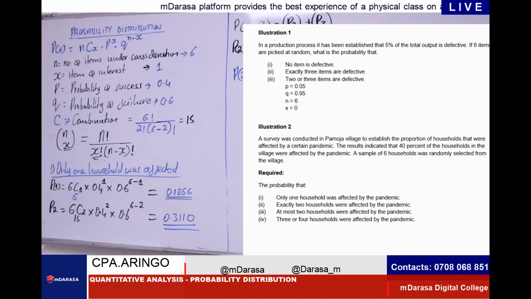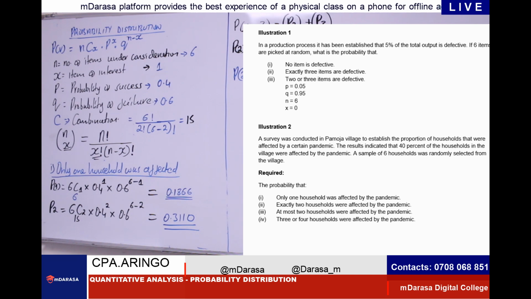The next part, the good examiner asked us that at most two households were affected by the pandemic. If you're talking of at most two households, how will you go about it?